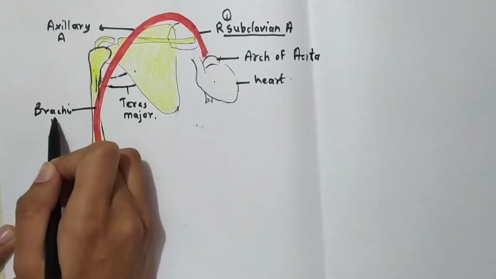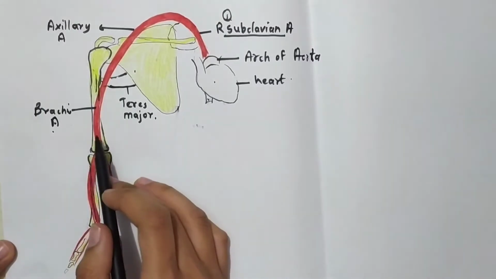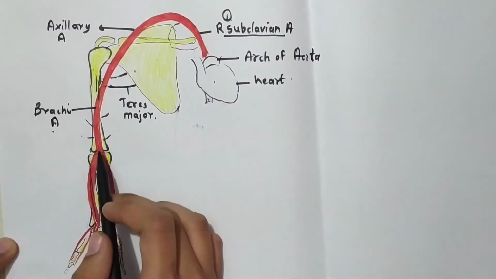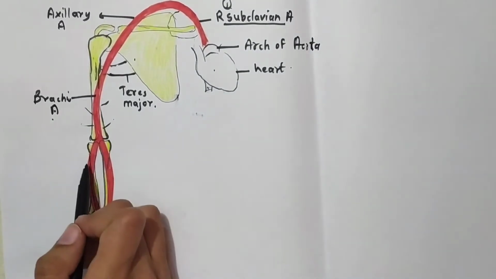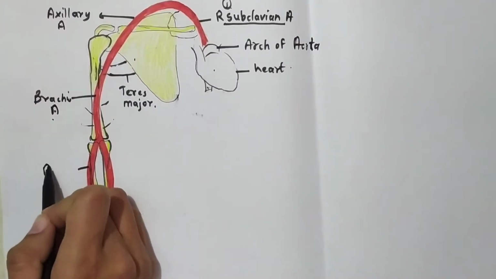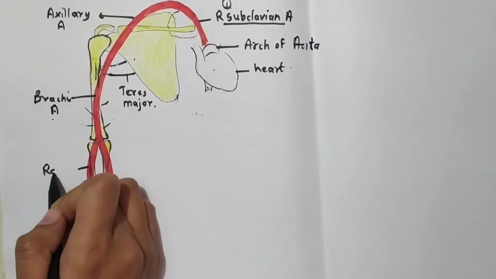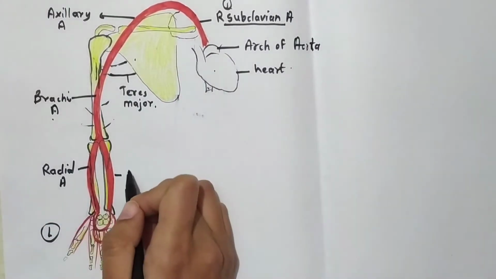Brachial artery. So this brachial artery supplies the muscles of arm, gives branches. Then these are the two terminal branches of this brachial artery, which is radial artery, because it is present on the lateral side, and this one is the ulnar artery.